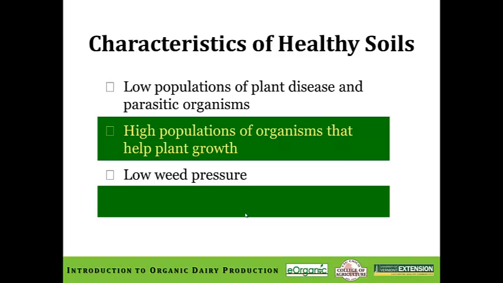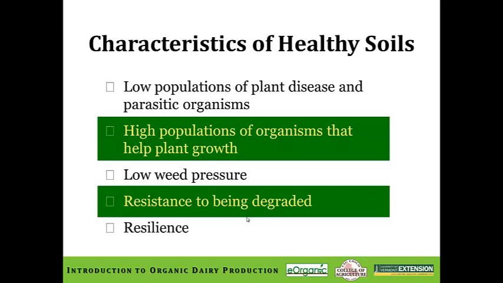A low weed pressure is common in soils that are well balanced in nutrients. A healthy soil is also very resistant to being degraded. So if we receive 6 or 7 inches of rainfall at one time, a healthy soil should help to keep the soil in place. And a healthy soil should also be very resilient.